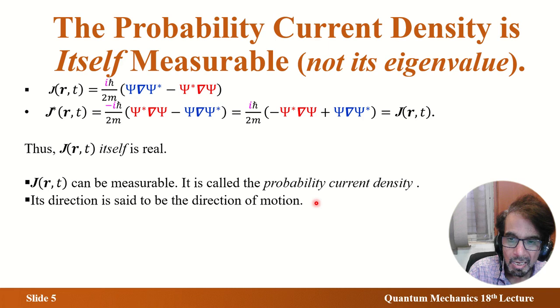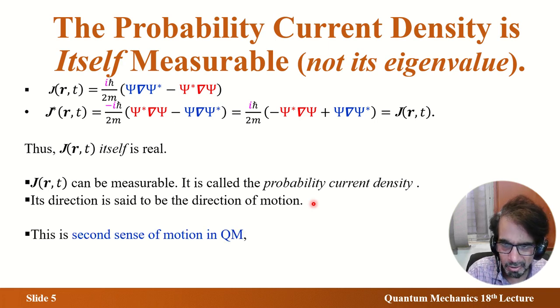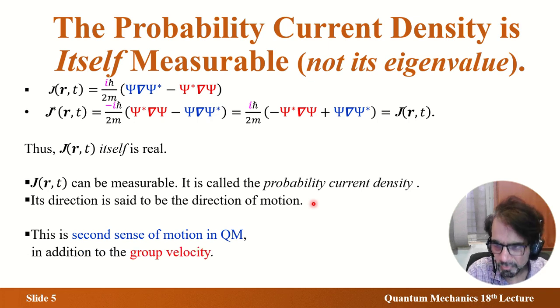expressing direction. The direction of probability current density is normally called the direction of motion, and that's the second sense of direction of motion. Remember what I said earlier about motion in quantum mechanics. I gave you 1 minute and then I tell you.